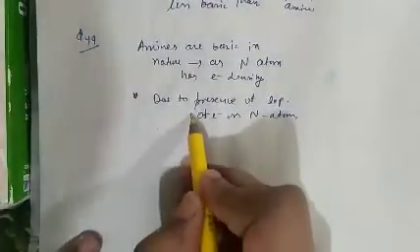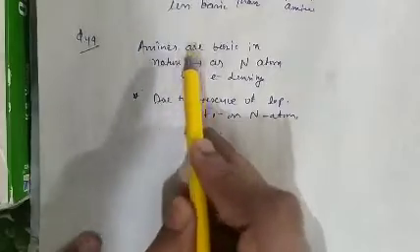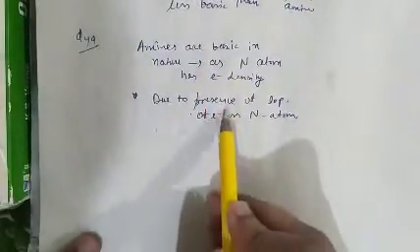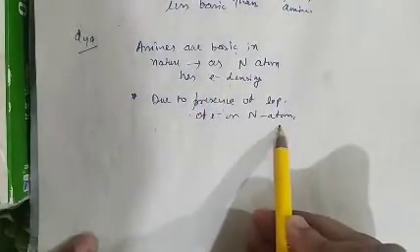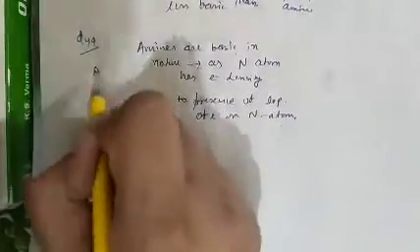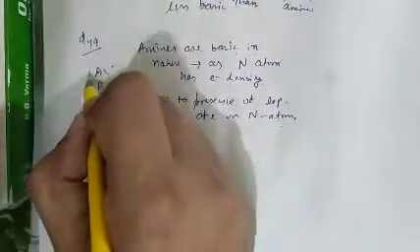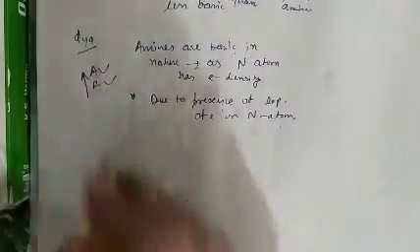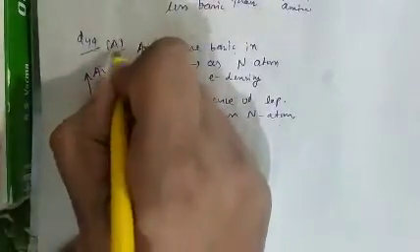So this statement is also correct. The assertion is correct: amines are basic in nature, and the reason is the presence of a lone pair of electrons on the nitrogen atom. So both assertion and reason are correct, and the reason is a correct explanation of the assertion. So question number 49, option A is correct.